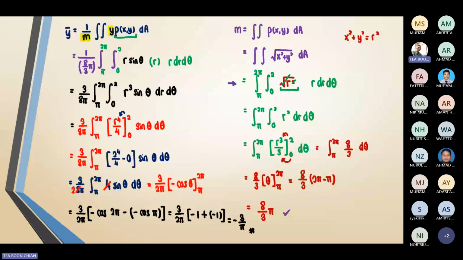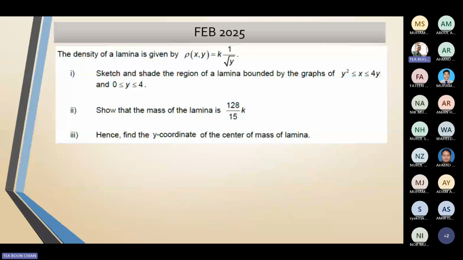So let's see one more question. This can also be the way the mass of Lamina can be asked. Now, this question is actually from the recent February 2025 past year final exam questions. Sometimes the questions can be asked in many ways.